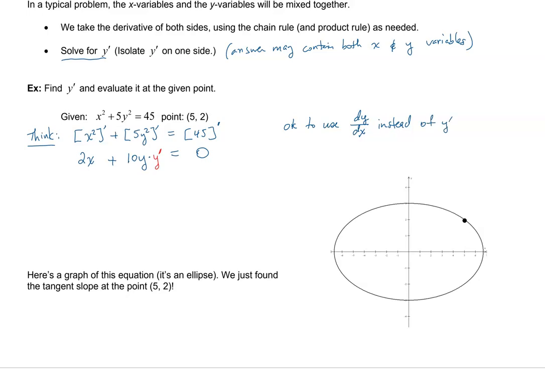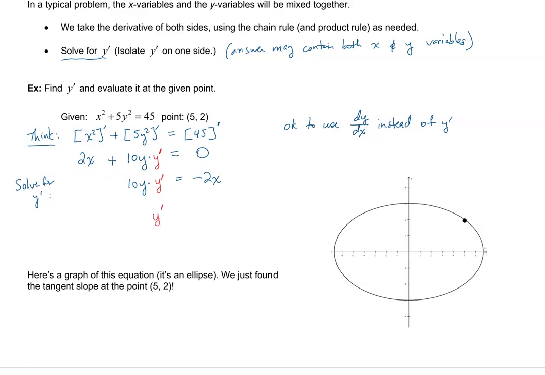All right, so now I need to solve for y prime. So I'm going to go ahead and subtract the 2x over, because that term does not have a y prime in it. So the 10y y prime is equal to negative 2x. And then I'll divide both sides by the 10y.